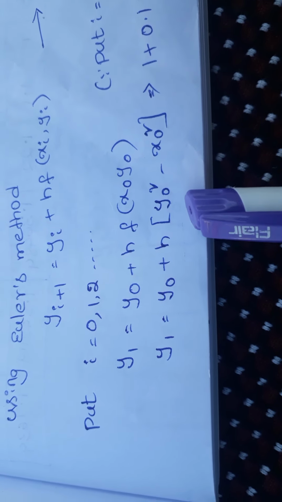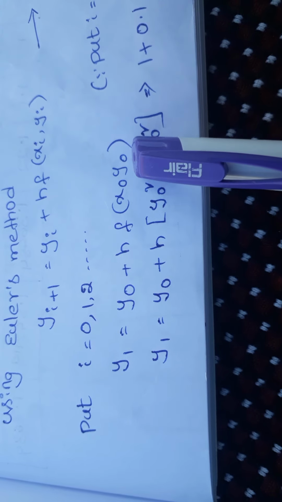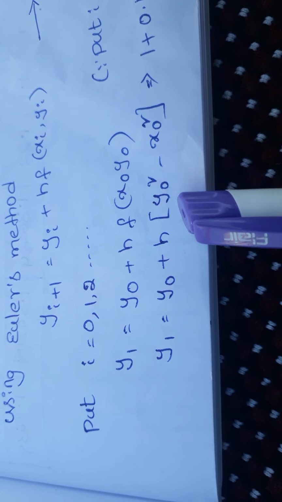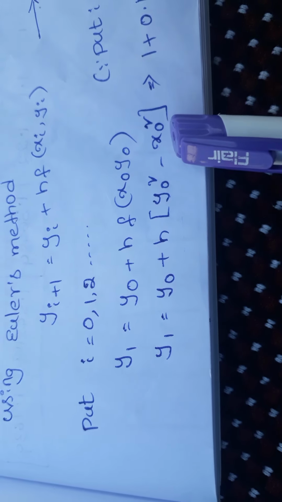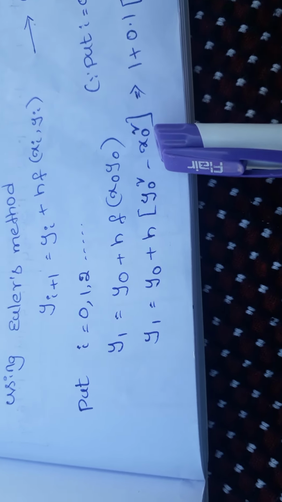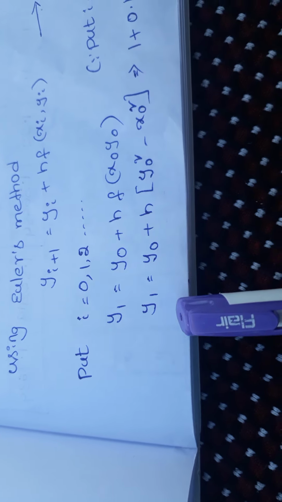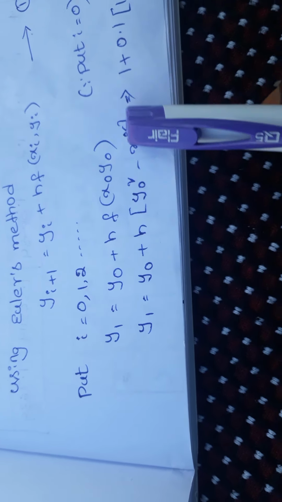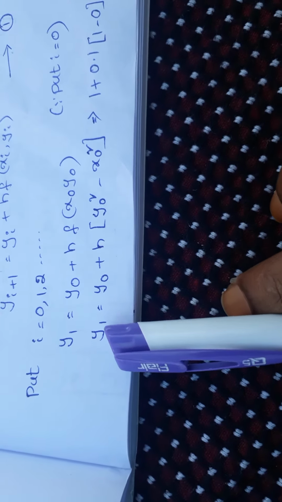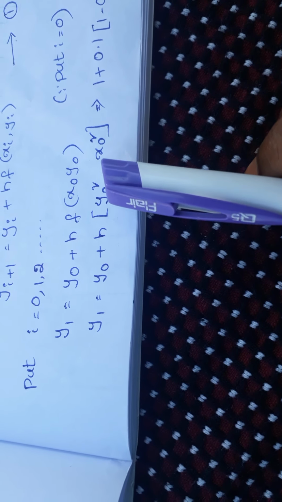H into f of x naught comma y naught can be written as h into y naught square minus x naught square. So substitute the values of y naught, h and x naught.